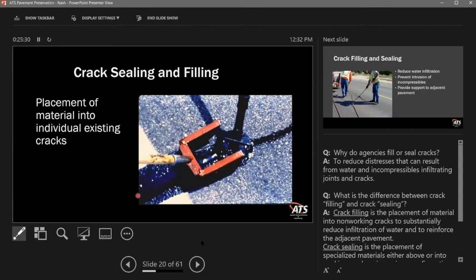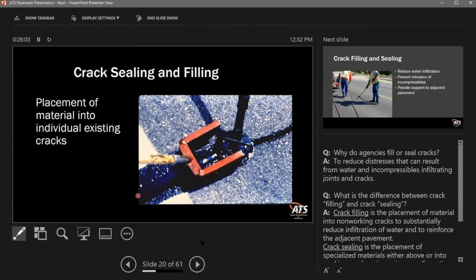So crack sealing and filling, you're looking at exactly the way it sounds. You are taking a hot asphalt, a very sticky, probably modified binder that you're going to take and place inside the cracks. So when you start looking at your pavement and you start seeing that aging happen, you have some cracking forming, it is possible to go out and fill those cracks.